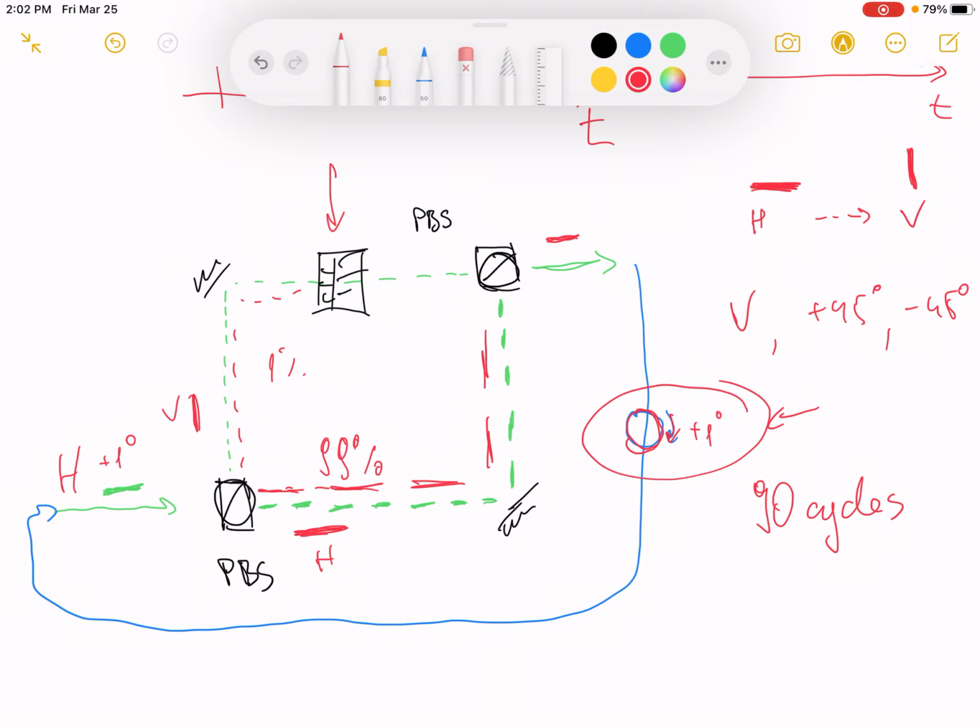It resets the wave function of the photon back into totally horizontally polarized, 0 degrees. Yes, we have lost this arm of the photon, and we're left with 99% probability.